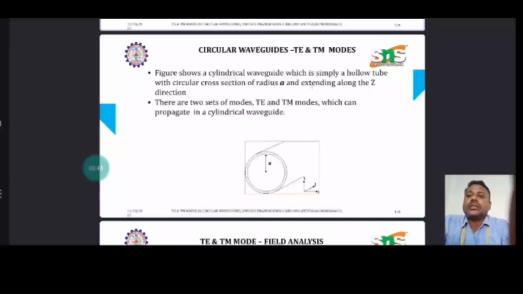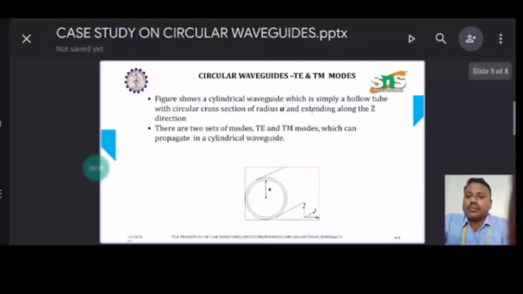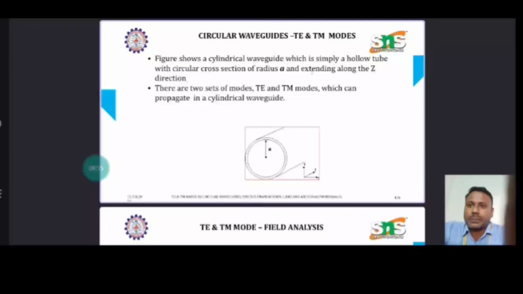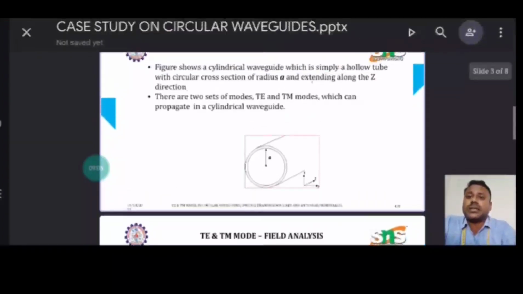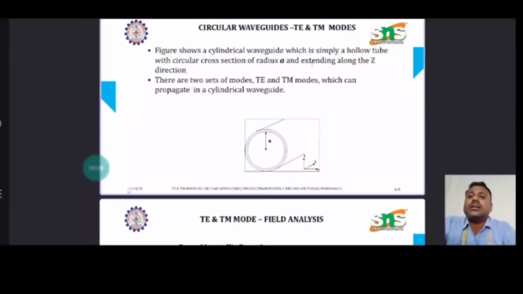There are two sets of modes, transverse electric and transverse magnetic, which can be propagated in a cylindrical waveguide. The diagram represents the cylindrical structure, where we can easily identify which part comes under transverse electric and which part comes under transverse magnetic. So we move to the next slide.